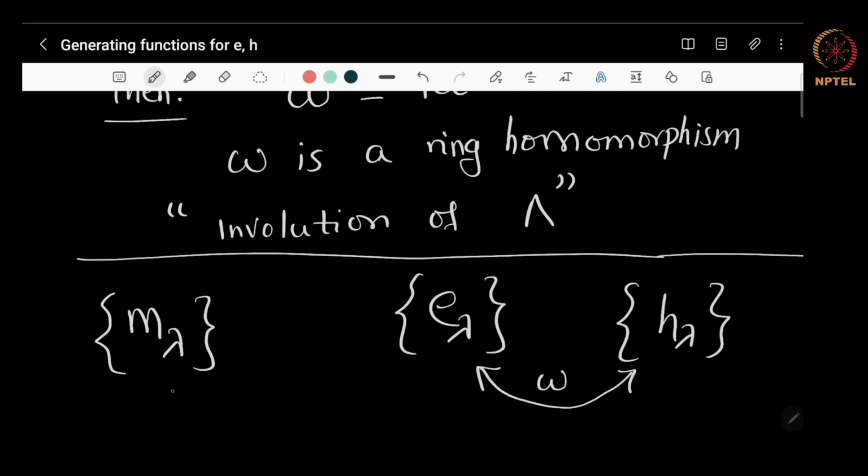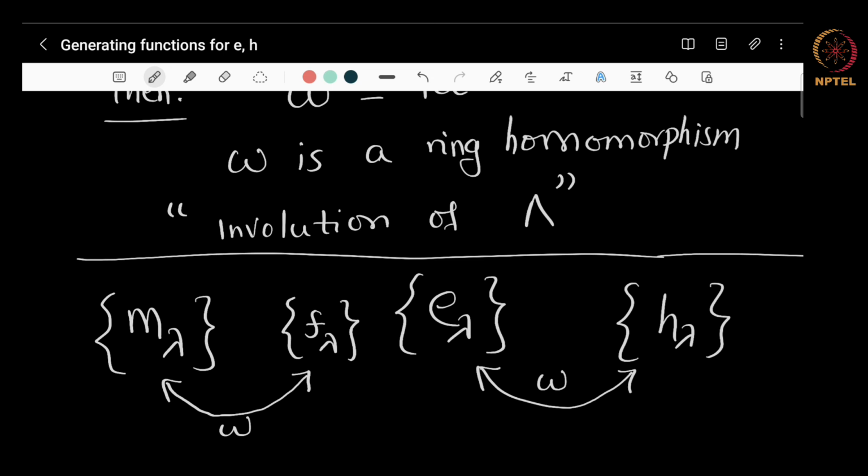Okay, and what you could do then is also try and apply omega to m and see what you get. It turns out that this is sometimes called the basis of forgotten symmetric functions. It's always also a basis because omega is an involution after all, right? It's an invertible map.